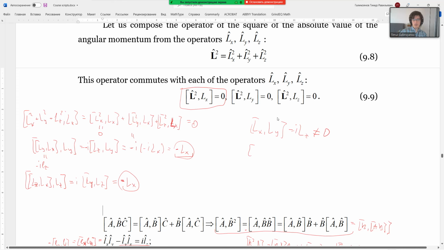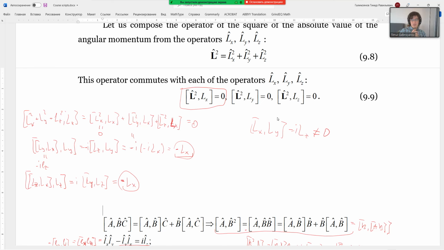But commutator L squared, Lx equals 0. So what we see is that the commutator of two different angular momentum projections does not equal 0, and only the commutator of an angular momentum projection with itself equals 0, but it is trivial.